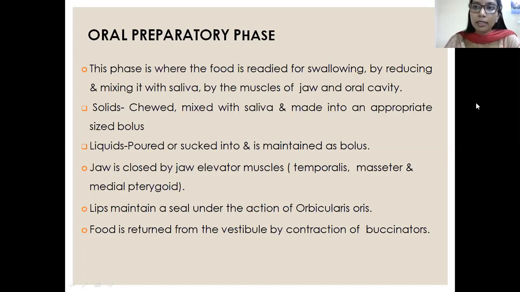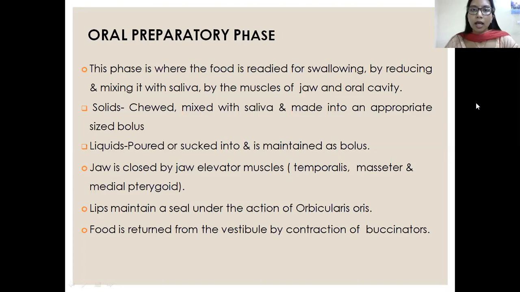That means it is cut and broken into small pieces and created into an adequate size bolus for swallowing. This is done by reducing it and mixing it with saliva by the muscles of the jaw and the oral cavity. Specifically, solids are chewed, mixed with saliva and made into an appropriately sized bolus.